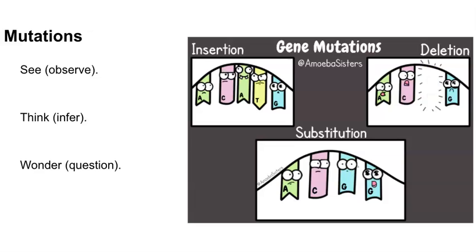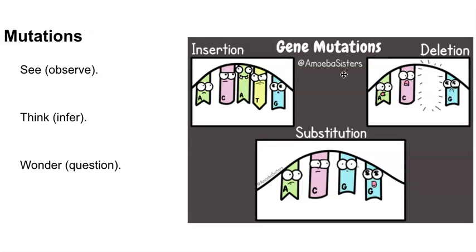You may have noticed that during an insertion, this is a type of mutation where a nitrogenous base is being inserted. We have an extra adenine being inserted between the C and the T. In the deletion, we have the deletion of a thymine from between the C and the G. It's being removed.